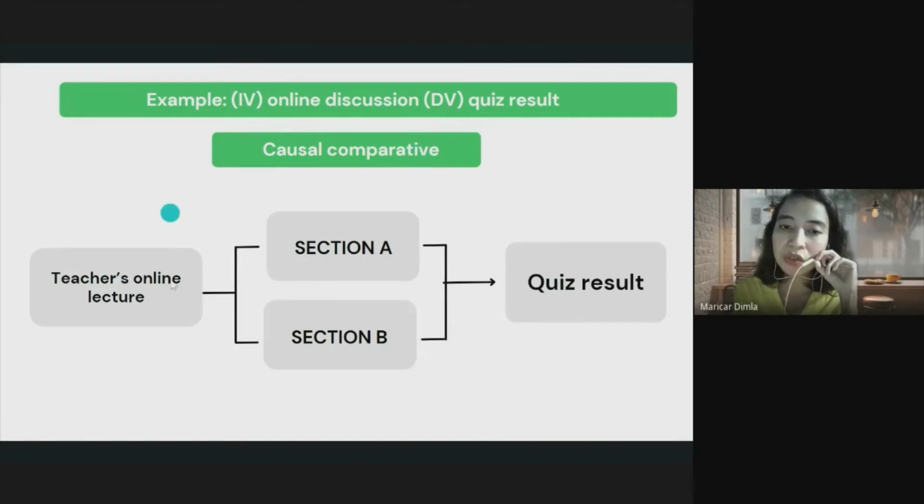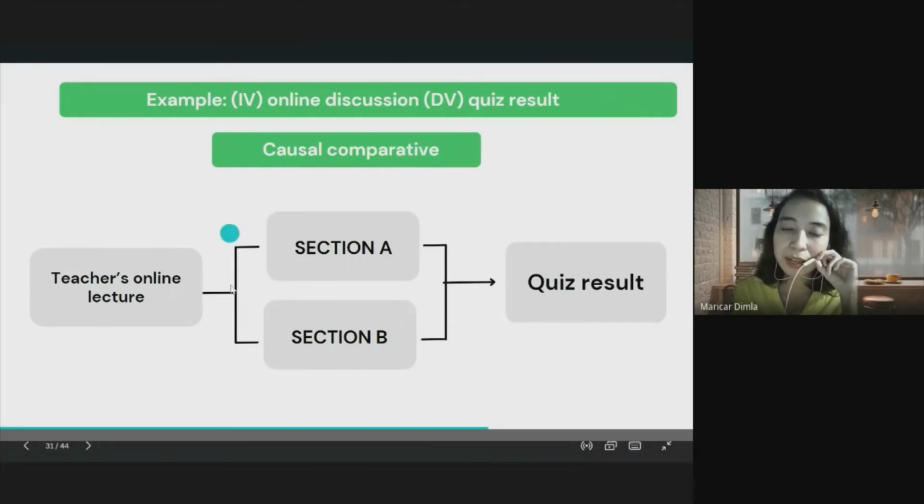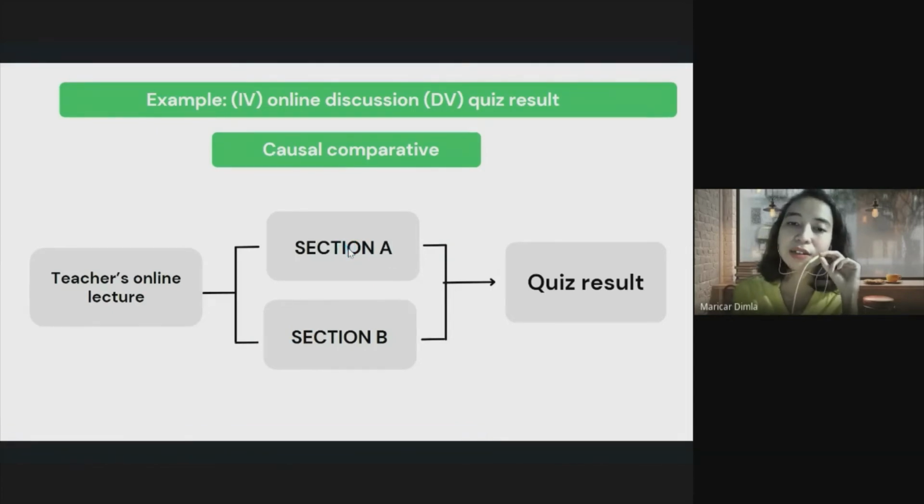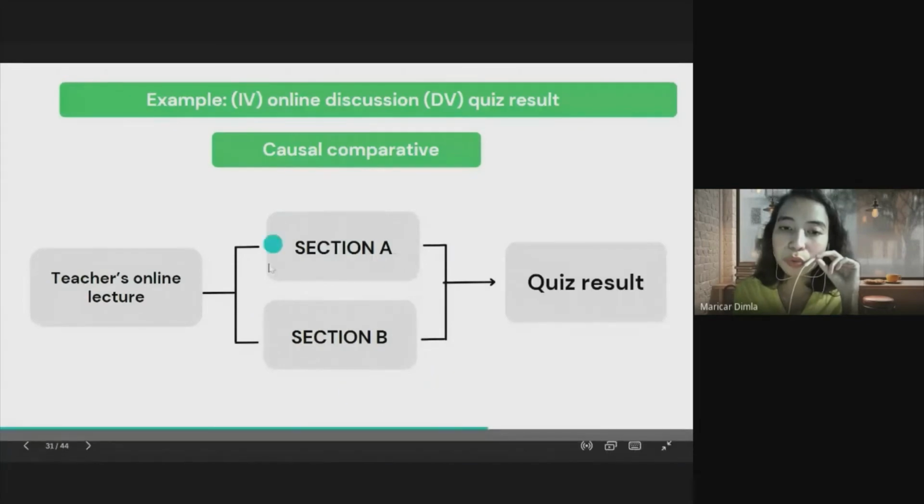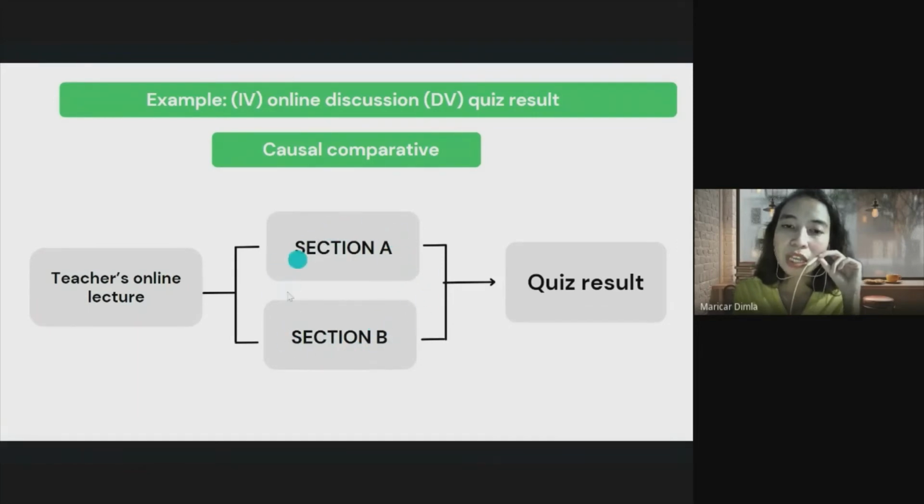However, class, you have here sets of respondents, section A and section B. Example, STEM 1 and STEM 2. You need to justify the common denominator of your two sets of respondents. Dapat may common denominator. Example, they have the same strand, the same teacher as well.